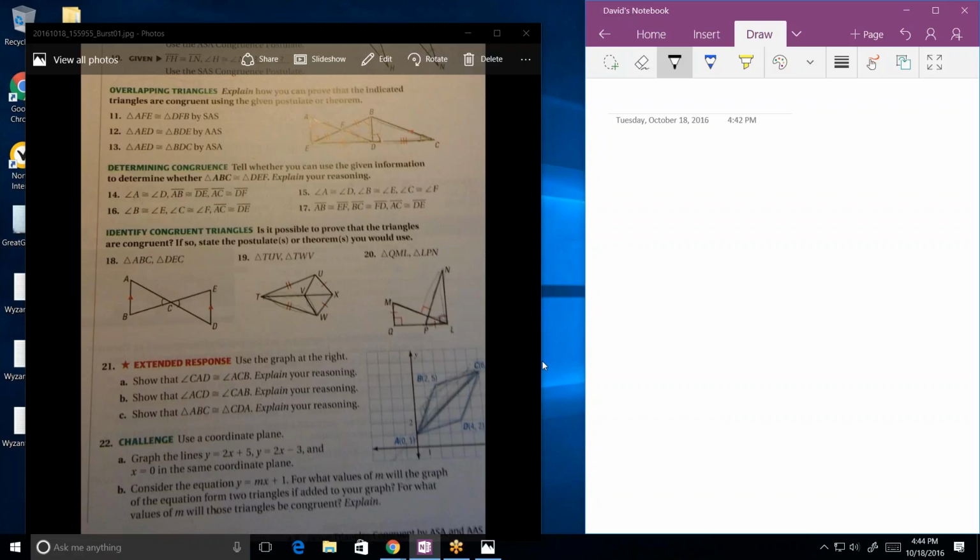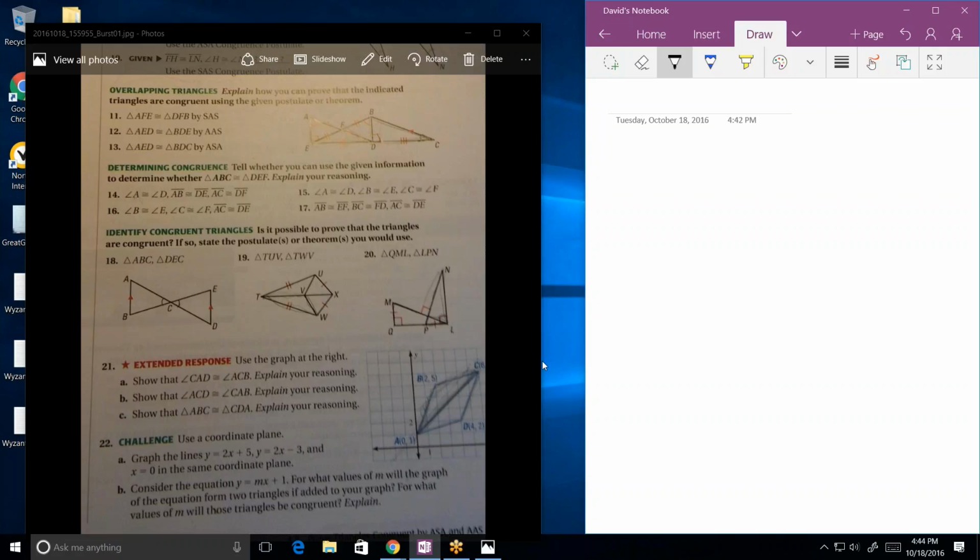Are those two triangles congruent? We don't know that.